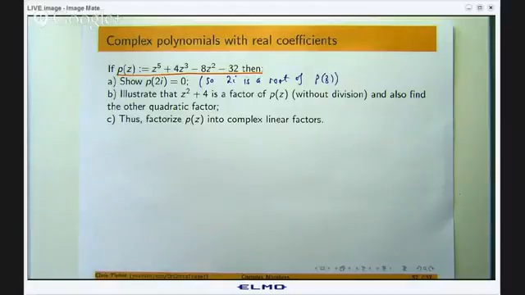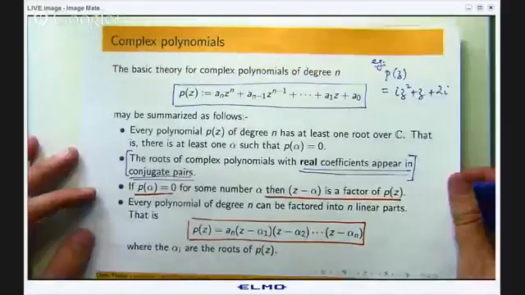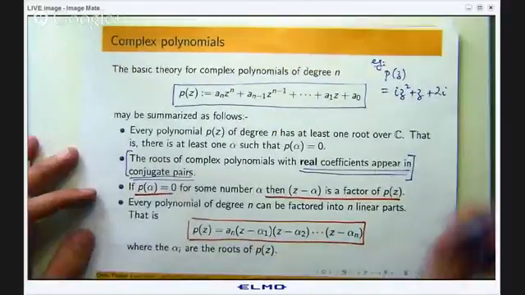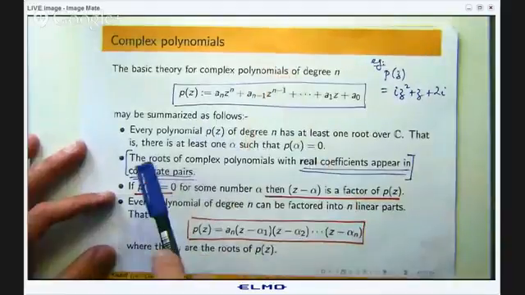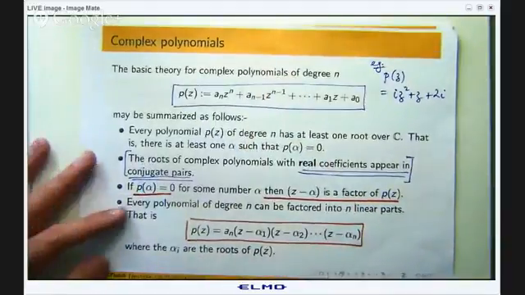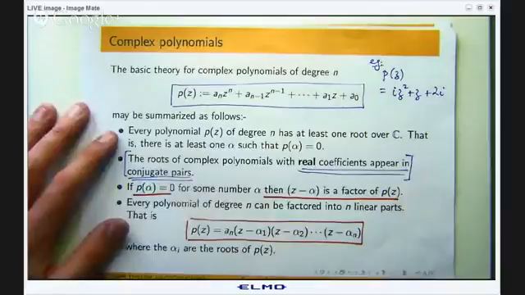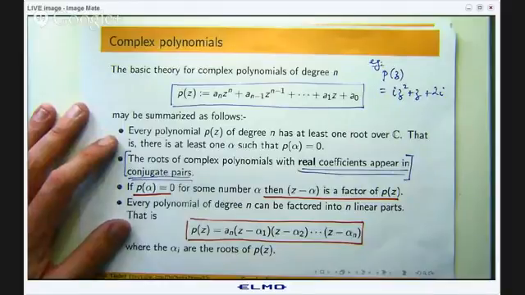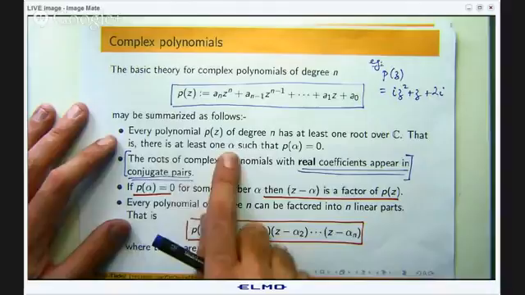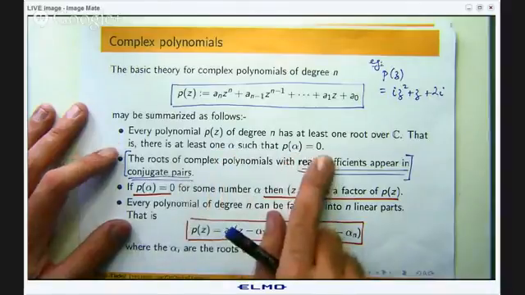Okay, so let's just review the basic theory of complex polynomials. You've got a complex polynomial here of degree n. There are four main parts. First of all, the fundamental theorem of algebra. Every polynomial of degree n has at least one root over the set of complex numbers. That is, there is at least one number alpha such that p of alpha equals 0.